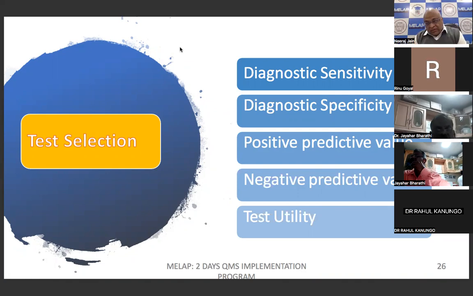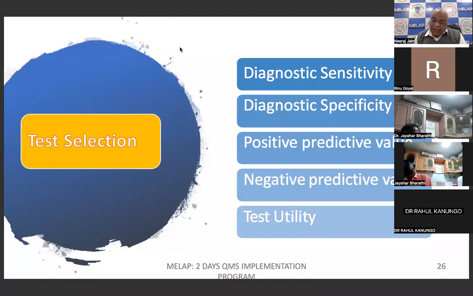If suppose sputum for AFB is positive in 90 cases of pulmonary tuberculosis, open cases of tuberculosis, that means diagnostic sensitivity of sputum for AFB is 90%. Diagnostic specificity means in how many cases who do not have a particular disease, a test is coming negative.